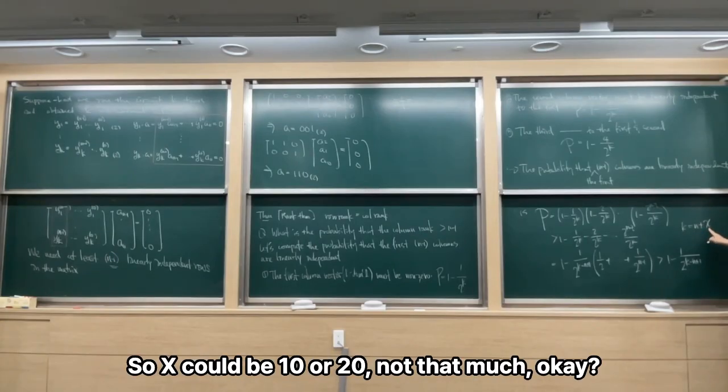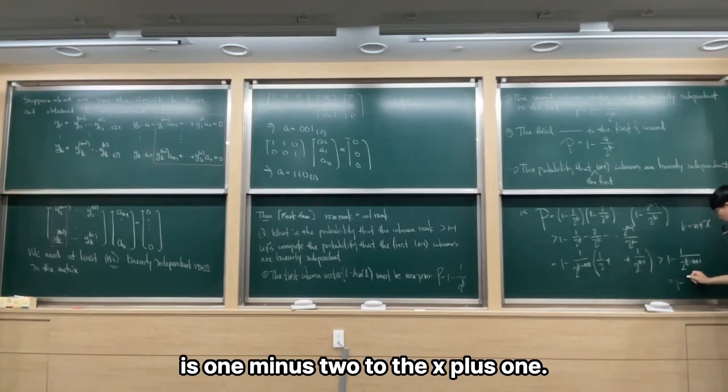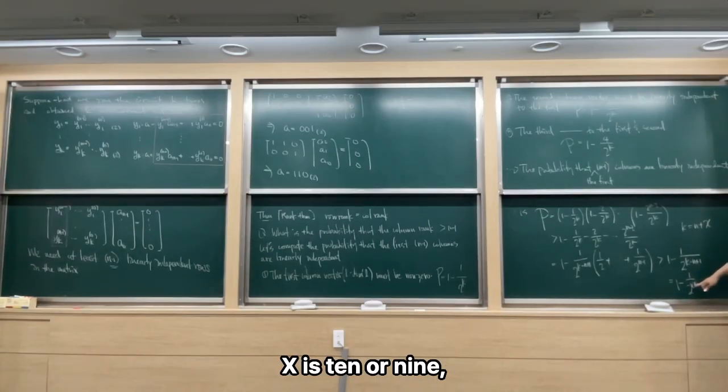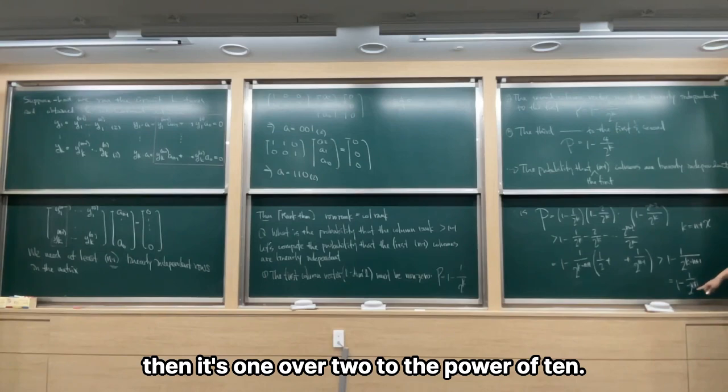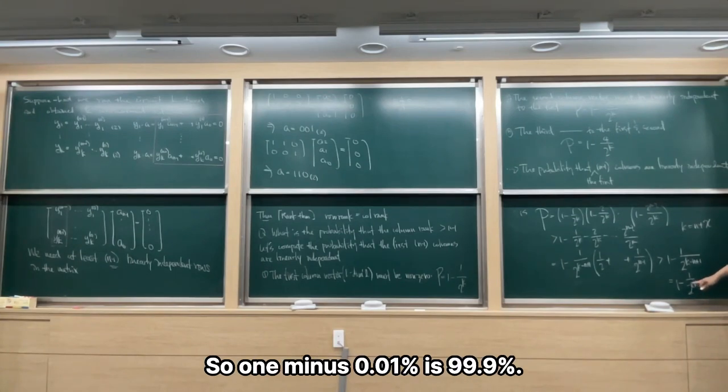So x could be 10 or 20, not that much, okay? So then what this becomes is 1 minus 1 over 2^(x plus 1). So even if x is 10, let's say x is 10 or 9, then it's 1 over 2 to the power of 10. So it's like 0.1%, right? So 1 minus 0.1% is 99.9%.